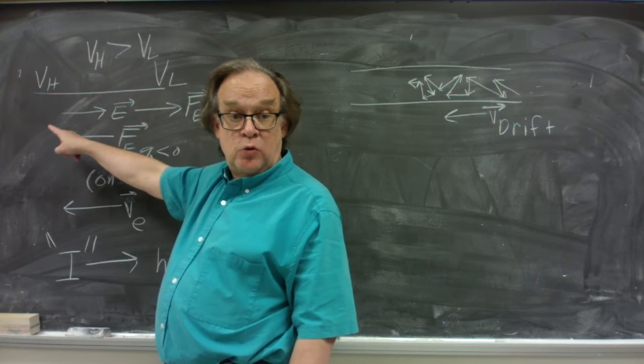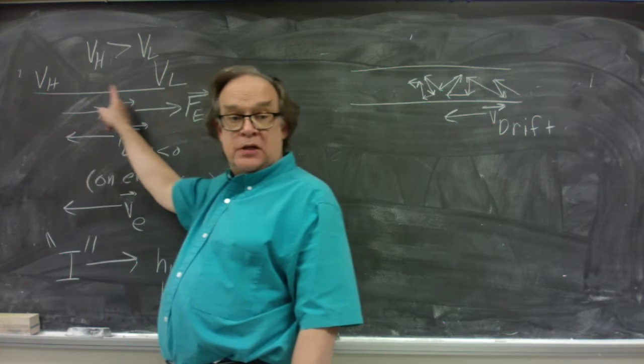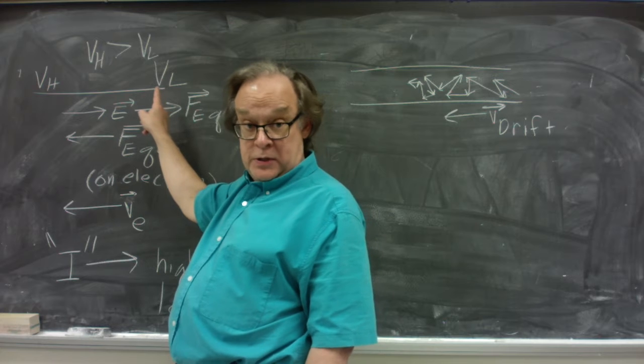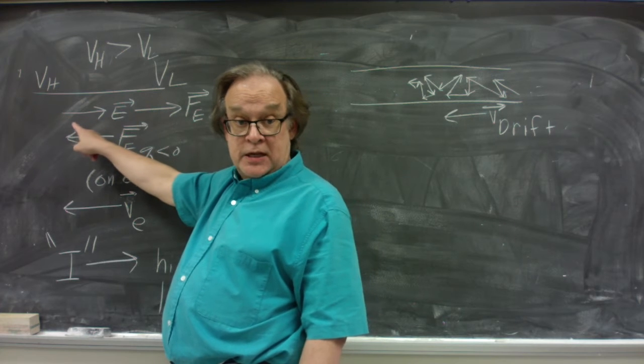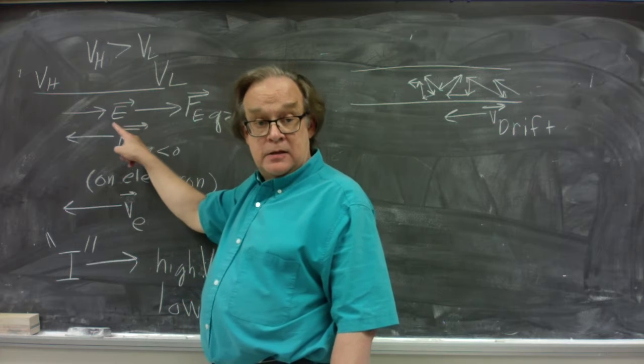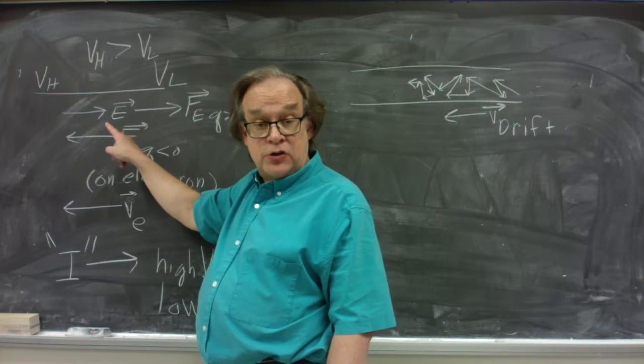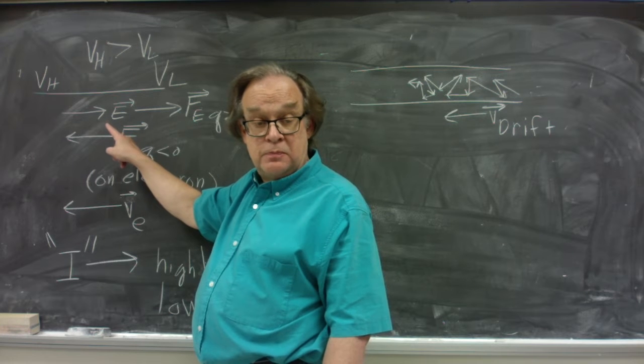The electric field always points in the direction from higher potential toward lower potential. So in this case, the electric field points left to right, and the direction of the electric field is the direction of the force on a positive charge.